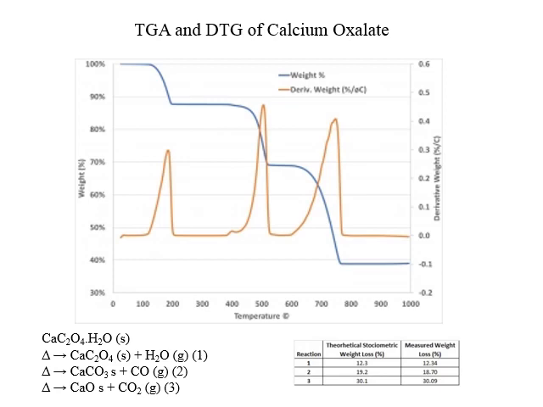And then there's a small table on the right where I've gone through and calculated the theoretical weight loss versus the actual measured weight loss based on these curves. So when you're dealing with relatively pure compounds, you can use this to, one, measure the purity of the compound, but also verify what the compound is.